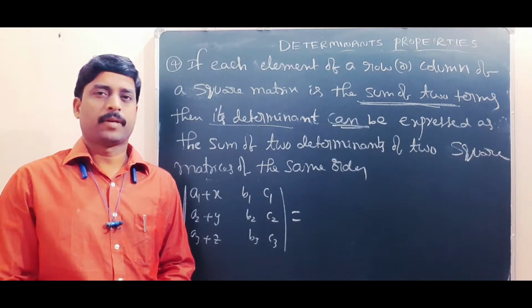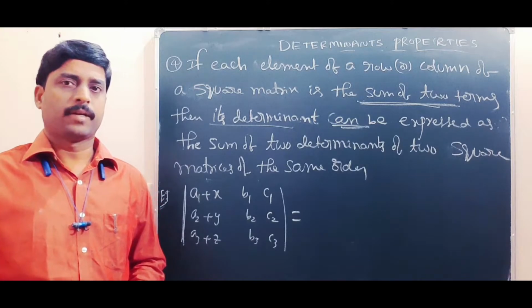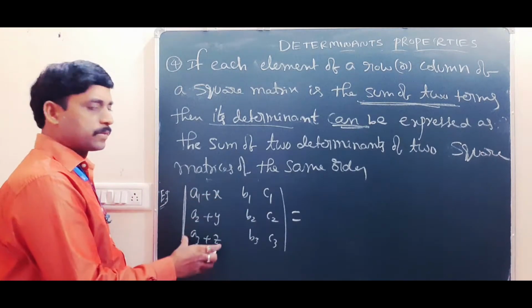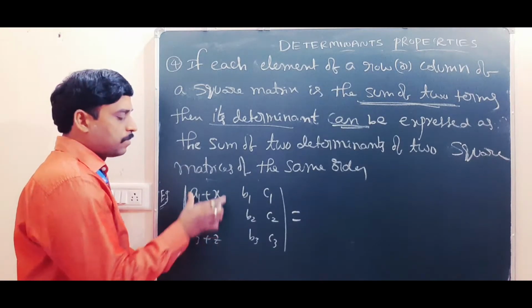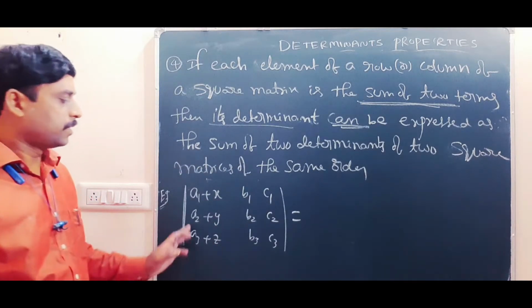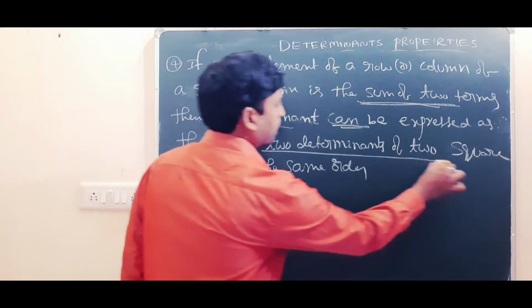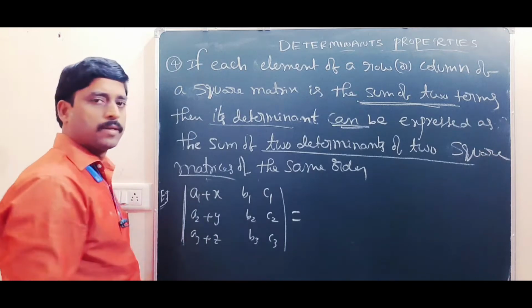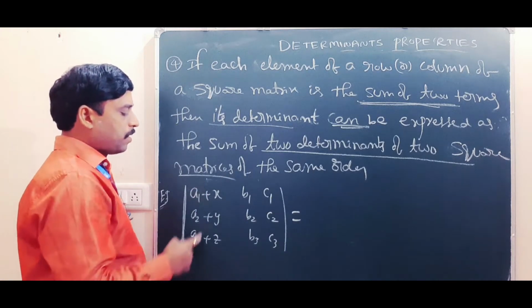Okay, now property 4. If each element of a row or column of a square matrix is the sum of two terms, in this example the first column having the sum of two terms, then its determinant can be expressed as the sum of two determinants of two square matrices of the same order.